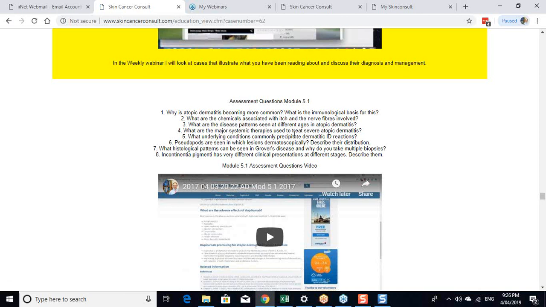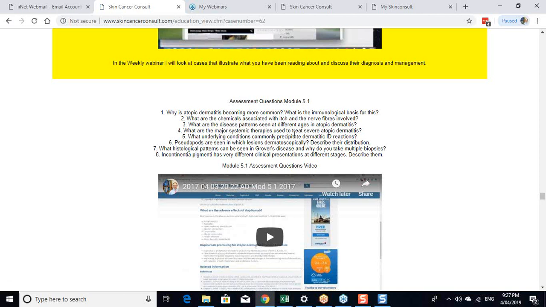Pseudopods we talked about, seen in Spitz nevi, Reed nevi, but if they're localized, then you've got to consider melanoma. The histological pattern in Grover's is essentially acantholysis that you're looking for, separation of some of the cells in the epidermis, usually just suprabasal, and usually just small localized areas, not a big generalized acantholysis.